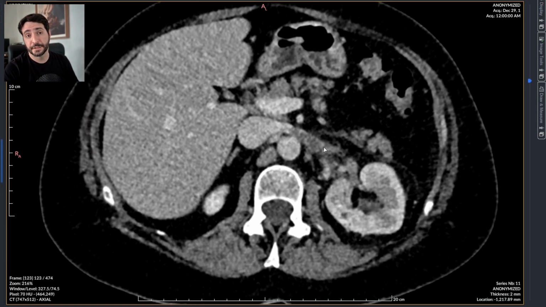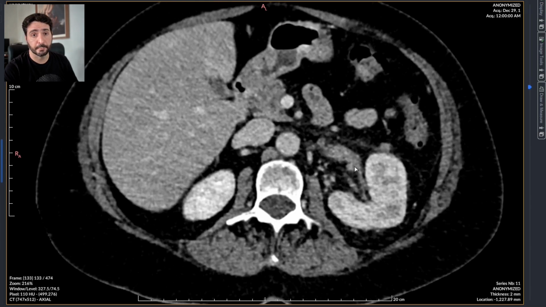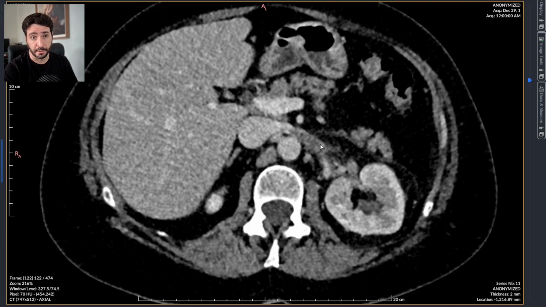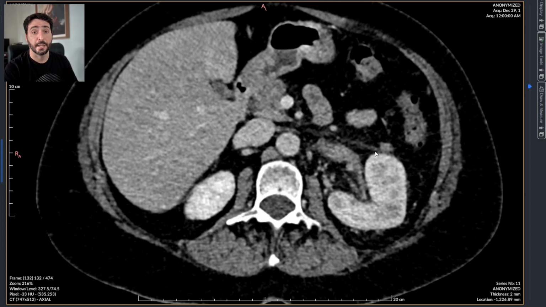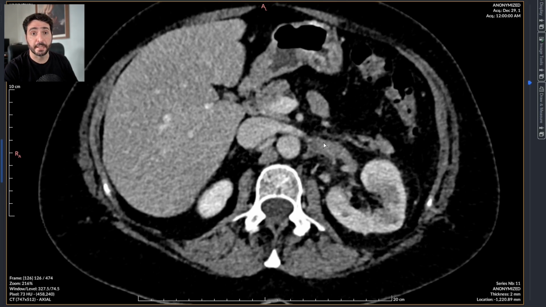The left kidney vein is not properly opacified, which means it's thrombosed. Blood has clotted inside this vein, so this is a vascular emergency. This vein is thrombosed.